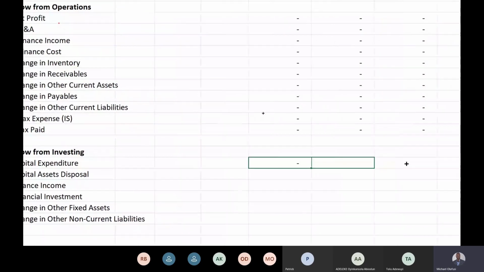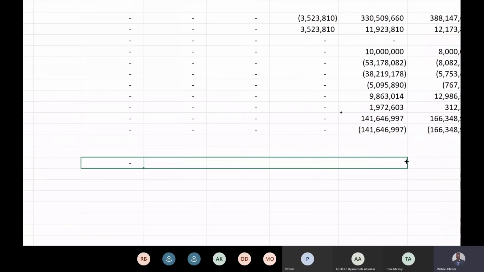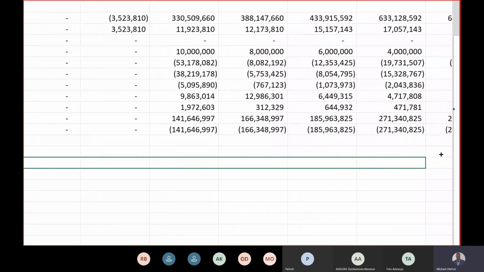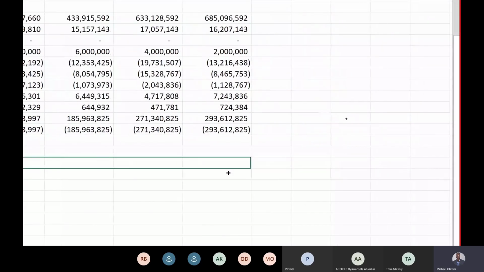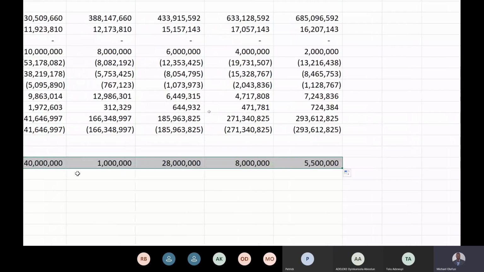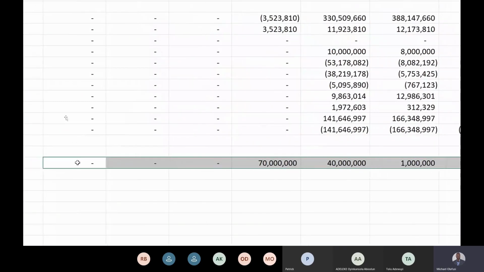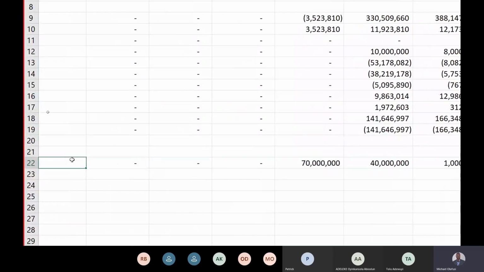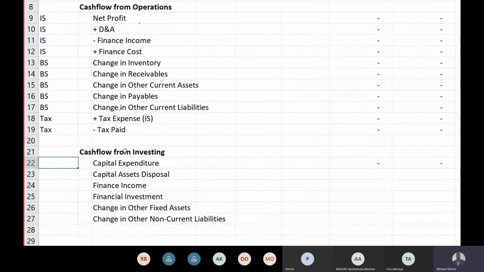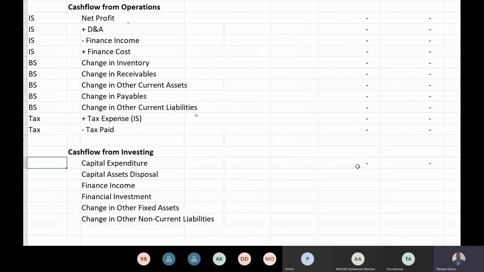I know this can never substitute for doing it yourself, but the key thing is just for those of us who've always been having issues with cash flow, this will help you to overcome those issues. Now, the other part of it is that in the direction of cash, expenditure is negative.